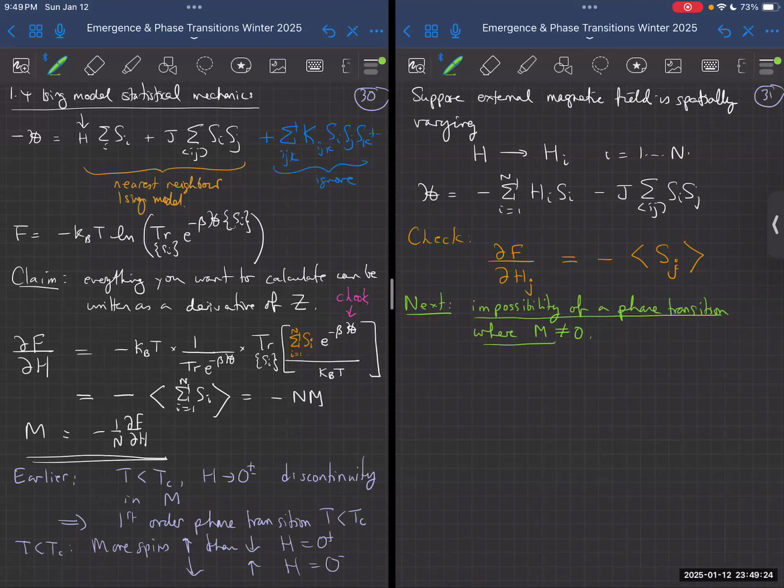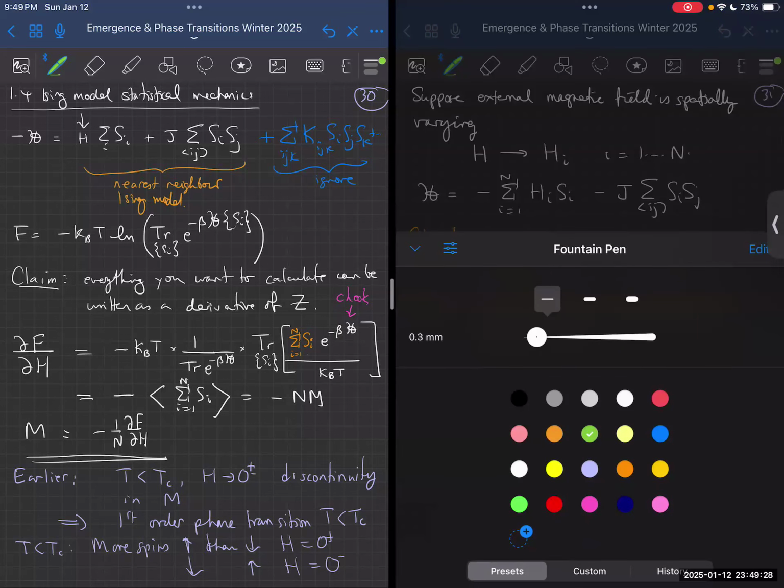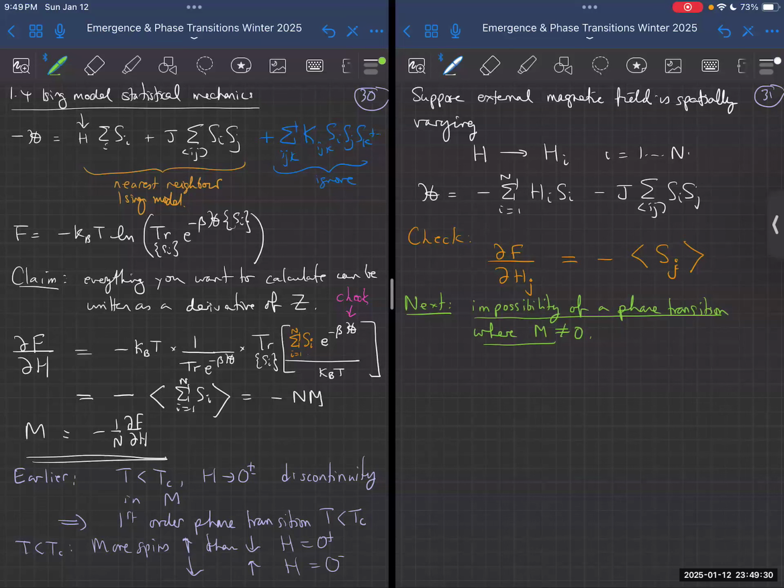Okay, so this is what we're going to do now, and we're going to see this by using arguments related to symmetry. So I want to show you a certain type of symmetry. We're going to see that this is a consequence of symmetry.